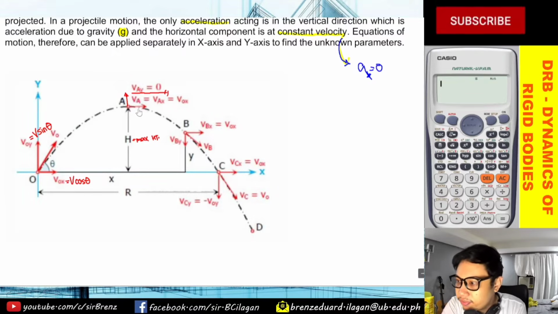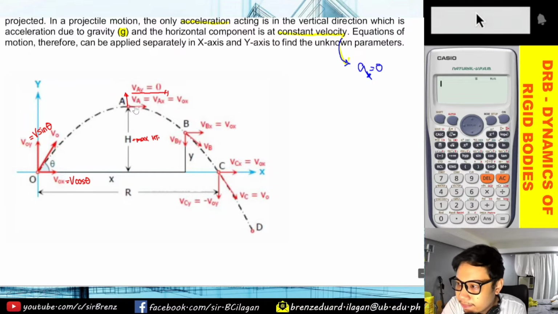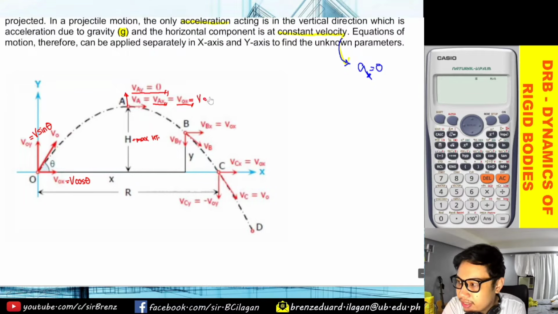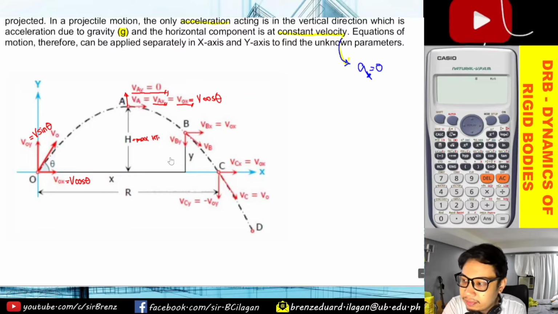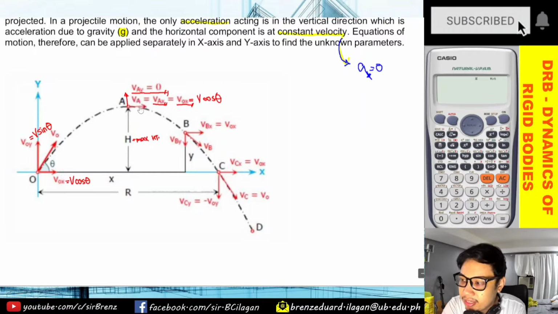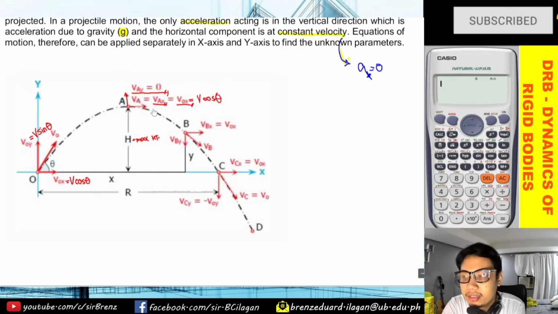And yung velocity dito, ayan, yung v sub A x, equals pa rin siya doon sa initial velocity, kung saan equal siya sa v cosine theta. And yung resultant na velocity niya, yung v sub A, is equals na lang din sa v sub A x, kasi since yung v sub A y is 0, ito na yung magiging resultant mo.